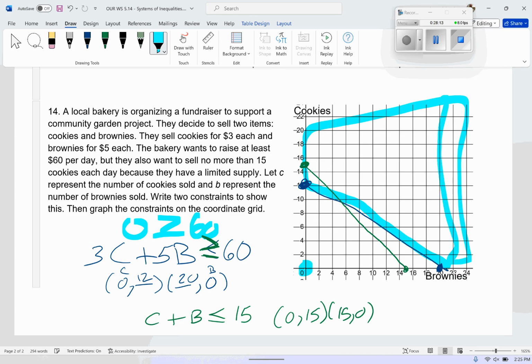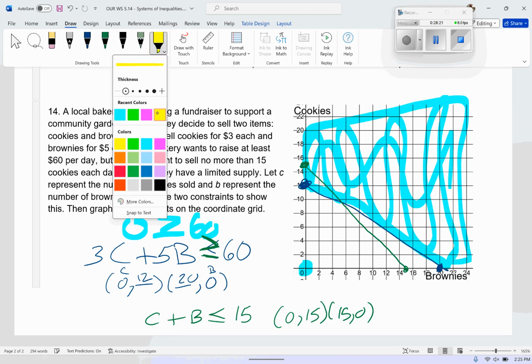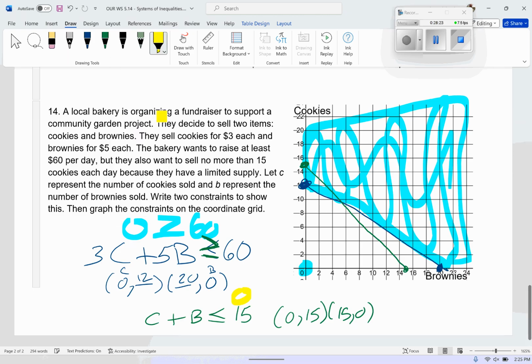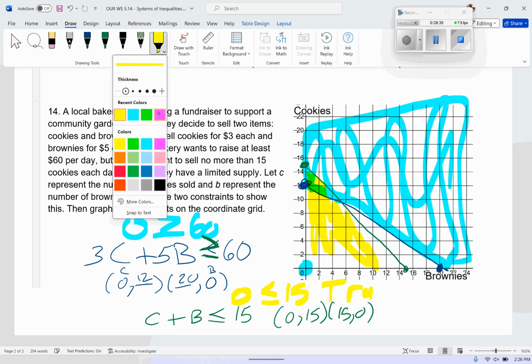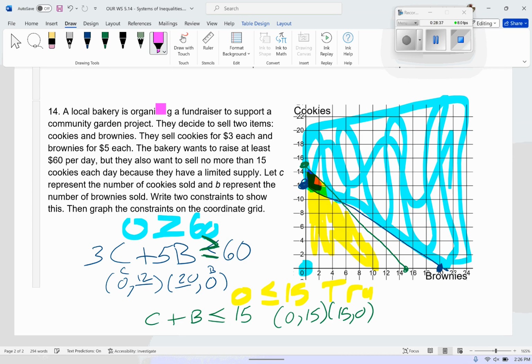Yeah, shading that side of the blue. All right, this one. This is going to give me 0 is less than 15. That's true. So I'm going to shade this side of the green. So this little part right here is our answer. That's our feasible, wonderful region.